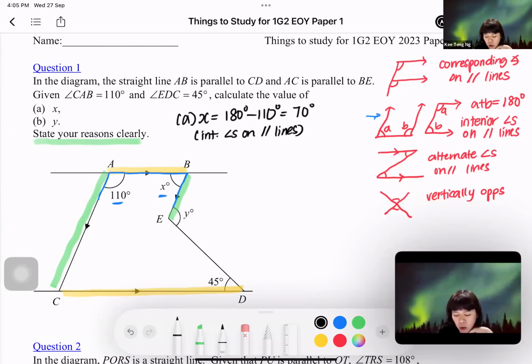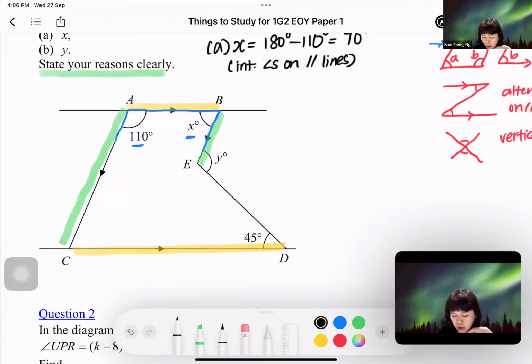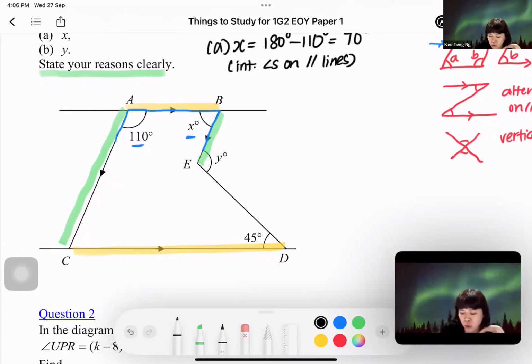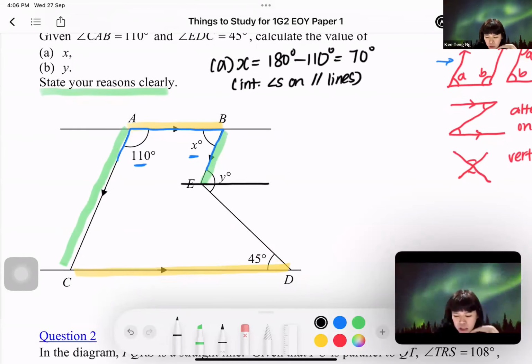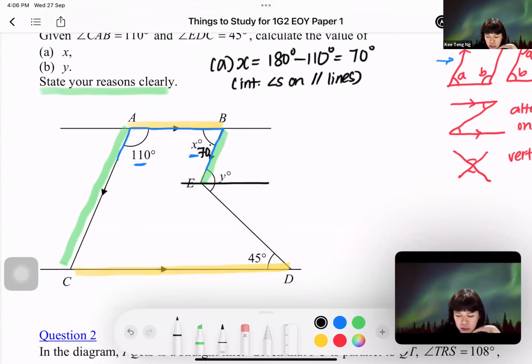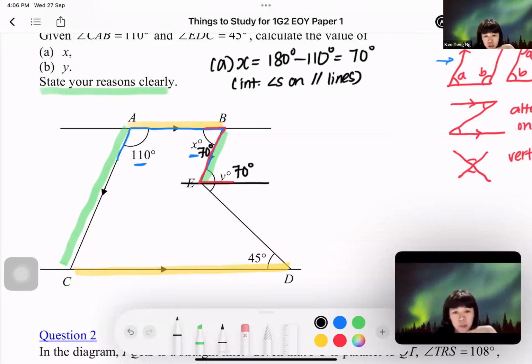Now angle Y over here is in the middle of nowhere. So what we are going to do is draw a straight line across, cutting it into two parts. Now I found X just now already. I found X here to be 70. So by the letter Z, alternate angles, this one is 70 degrees. But I also need to find the one at the bottom.